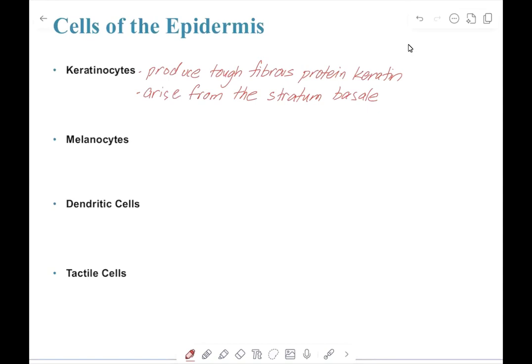The second cell on this slide is the melanocytes, and the melanocytes are going to be responsible for the synthesis of the pigment melanin. And melanin also comes from the deepest layer of the epidermis, which would be the stratum basale. So that's very important to remember as well.